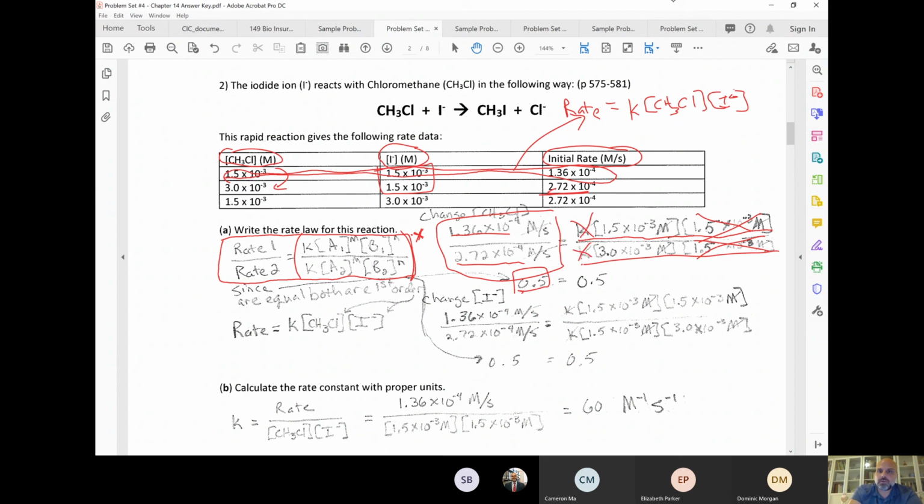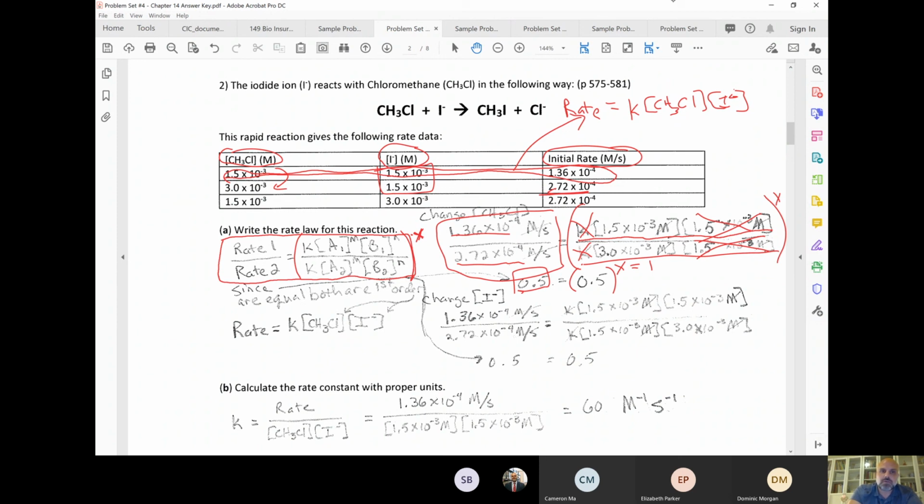So I'm left with 1.5 times 10 to the minus 3 over 3.0 times 10 to the minus 3, which is 0.5. And if I bring this x back in, if I put x on the outside, then we know that this exponent x has to be equal to 1. And this x equal to 1 tells us that because the only thing that was changed was the CH3Cl, when we're creating our equation, this is going to be first order.